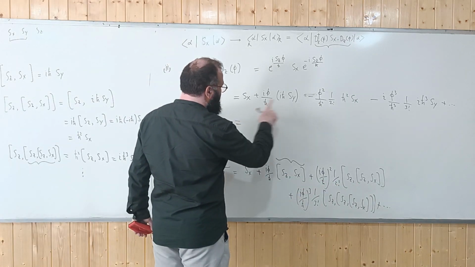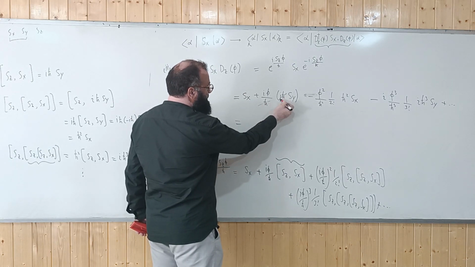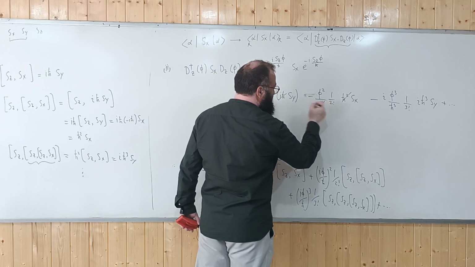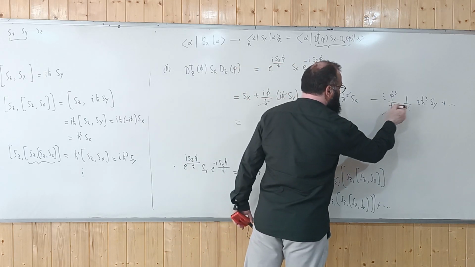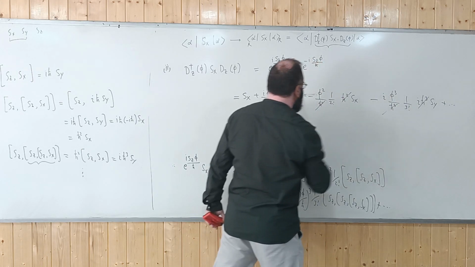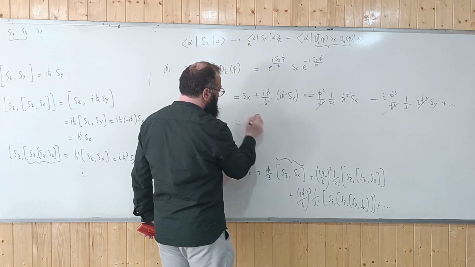So let's take the Sx terms common. Now you see h cross cancels. i into i is minus. So h cross square cancels, h cross cube cancels. i into minus i is plus. So let me take this Sx term. What remains?